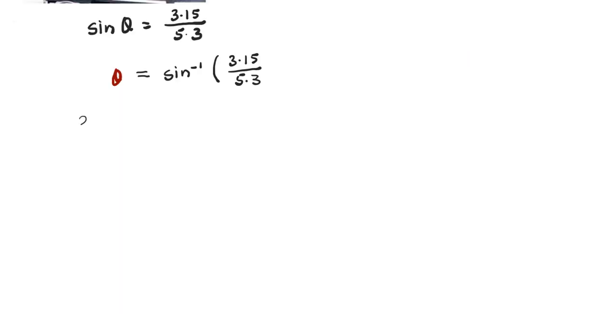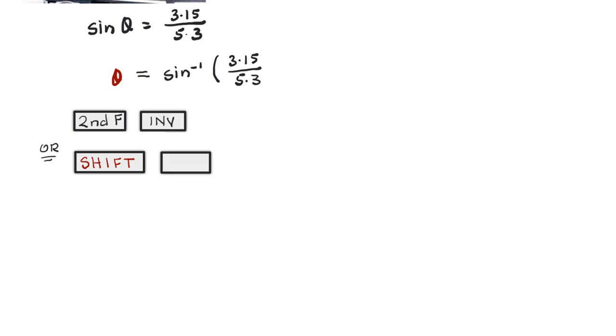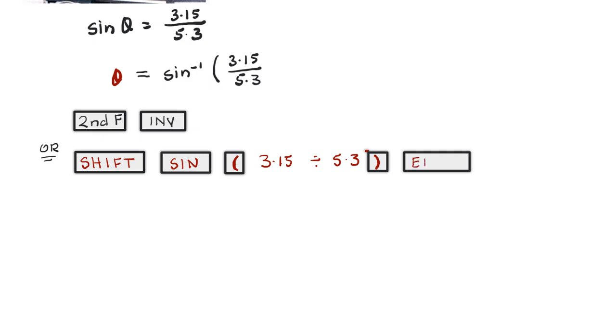Depending on which calculator you're going to use, you might need to use second function followed by inverse, or if you have a Casio, you will use shift followed by sine, followed by parentheses, then just write 3.15, and then you divide it by 5.3 and end it with parentheses, and then just press enter.